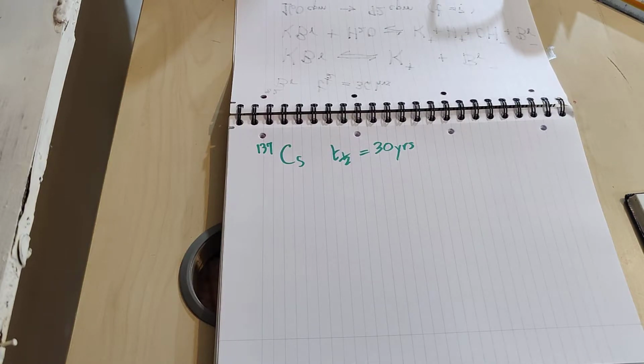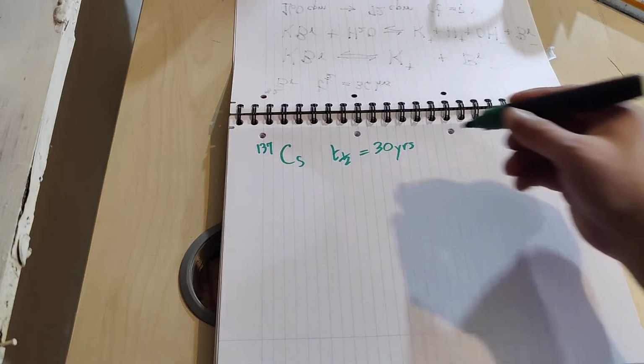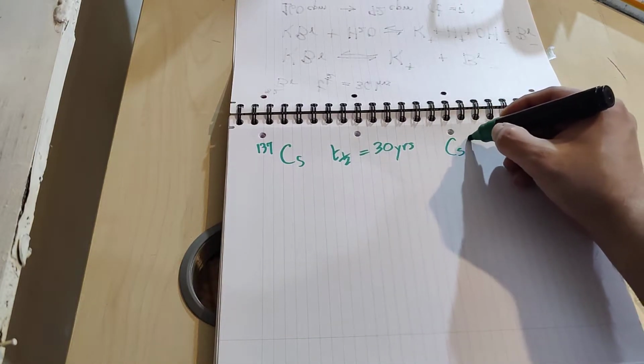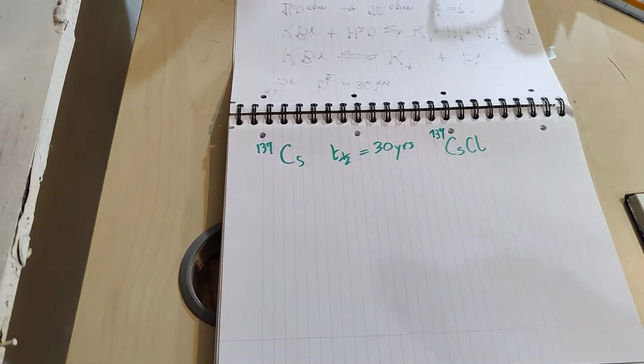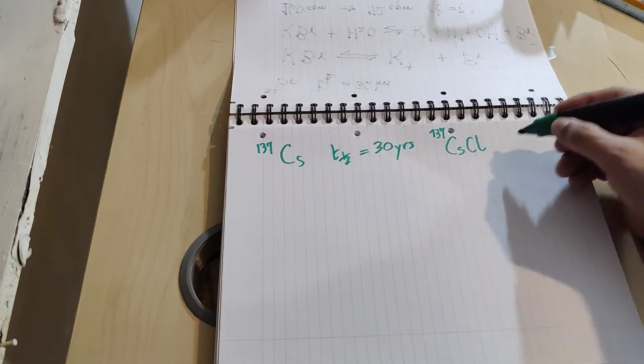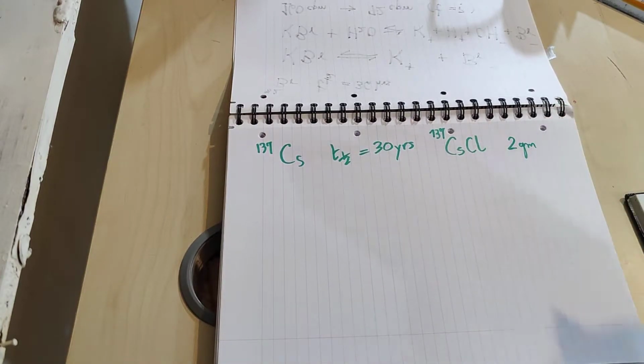So the cesium-137 isotope has a half-life of 30 years. A sample of cesium chloride here is radioactive. You have to put 137 to demarcate its radioactivity. We're using 2 grams of it, so the initial mass is 2 grams.